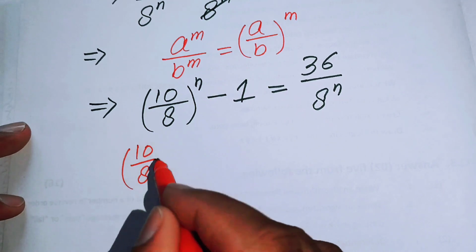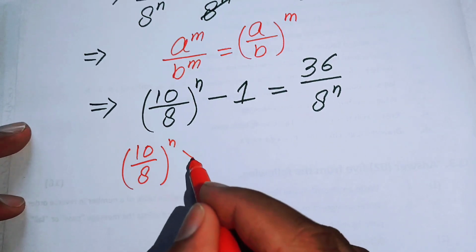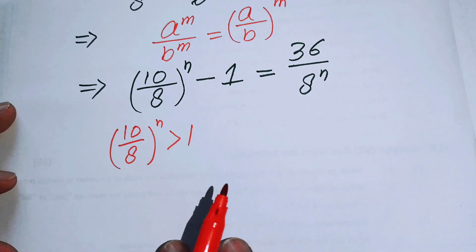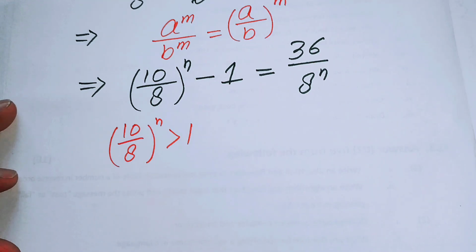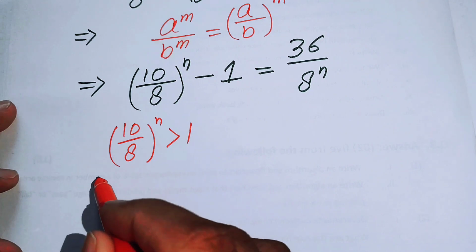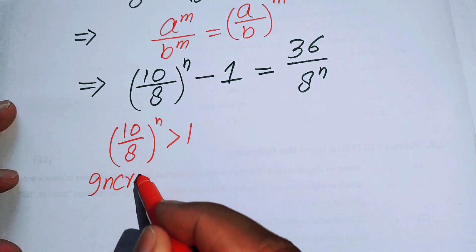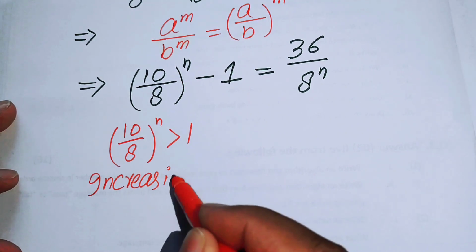We can say that 10 over 8 to the power of n, with a base greater than 1, is an increasing function.